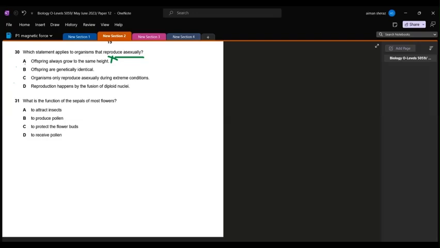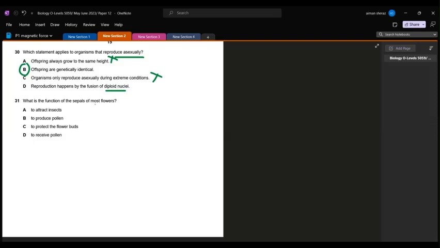Yes, this is true. Organisms only reproduce asexually during extreme conditions. That's not a necessary requirement. And reproduction happens by the fusion of diploid nuclei. That's only in meiosis, not in asexual or mitosis reproduction.